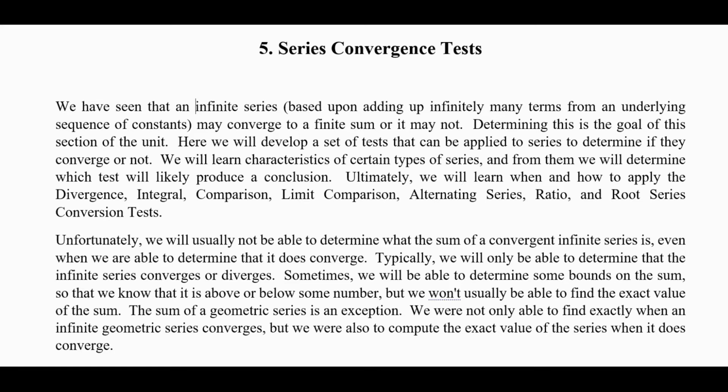Sometimes we will be able to determine some bounds on the sum so that we know that it is above or below some number, but we won't usually be able to find the exact value of the sum. The sum of a geometric series is an exception. We were not only able to find exactly when a geometric series converges, but we're also able to compute the exact value of the series when it does converge. That's pretty rare.